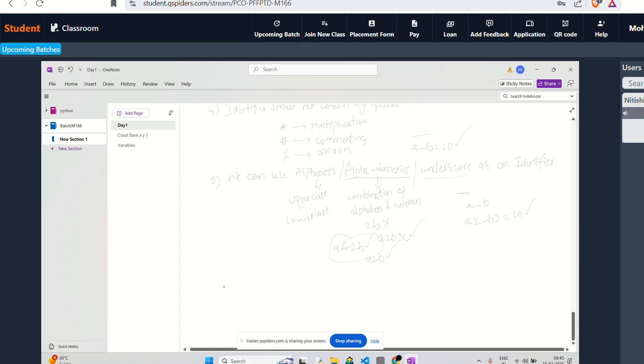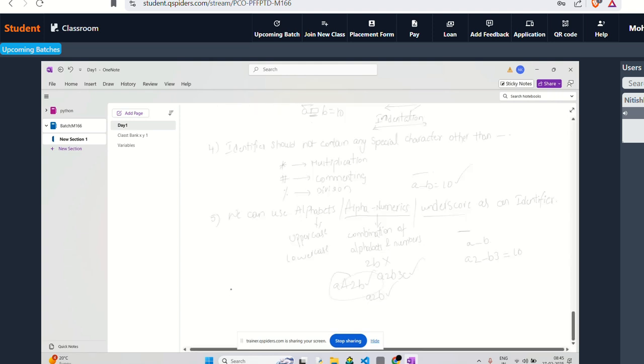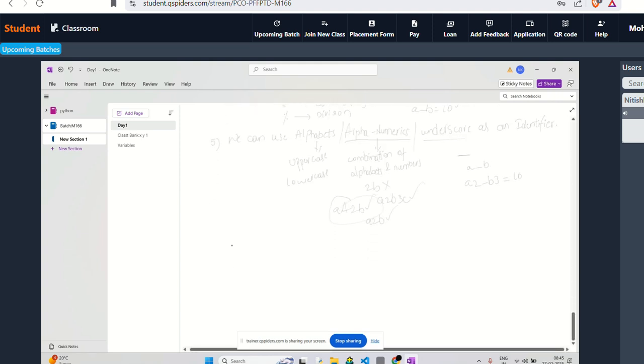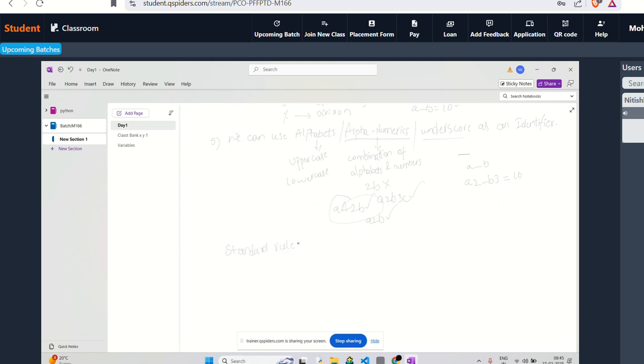And we have one standard rule. This is not a mandatory rule. It means if you do not follow this rule, it will not throw any error.